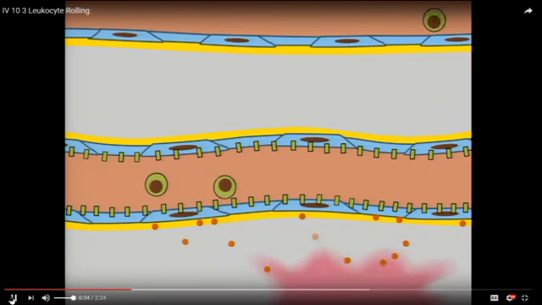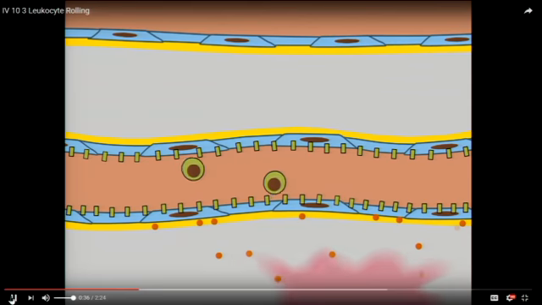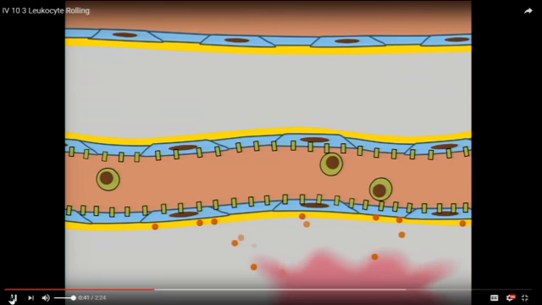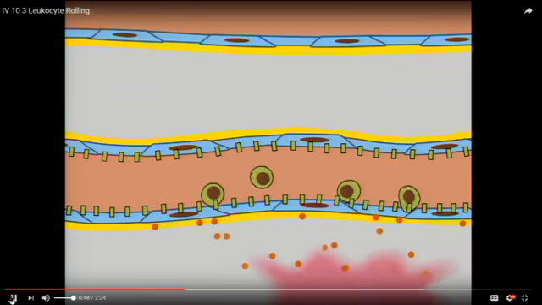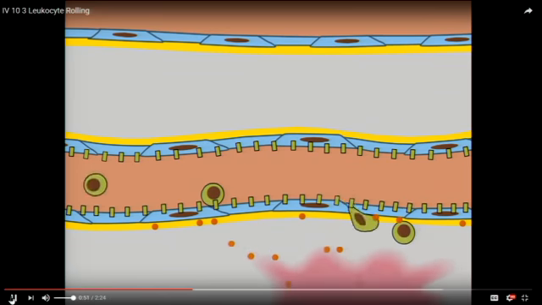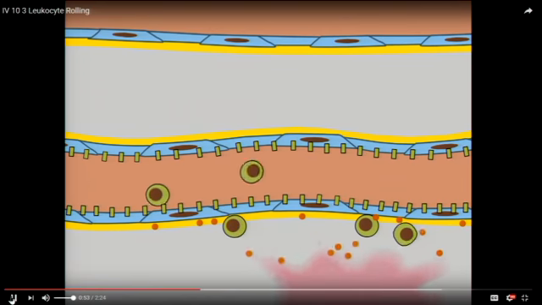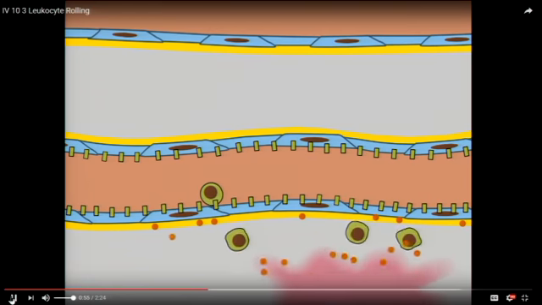This binding interaction is of sufficiently low affinity that the leukocytes can literally roll along the vessel walls in search for points to exit the vessel. There, they adhere tightly, and squeeze between endothelial cells without disrupting the vessel walls. Then crawl out of the blood vessel into the adjacent connective tissue.